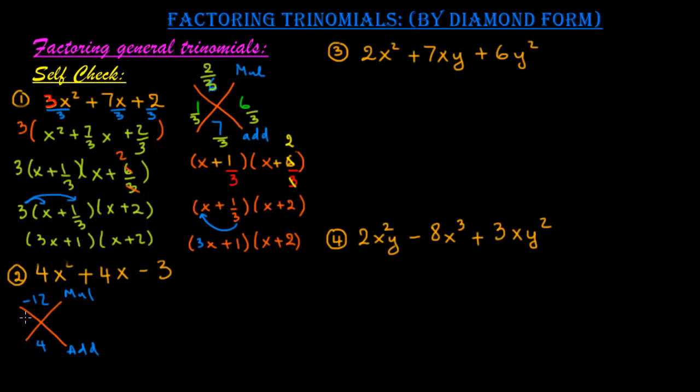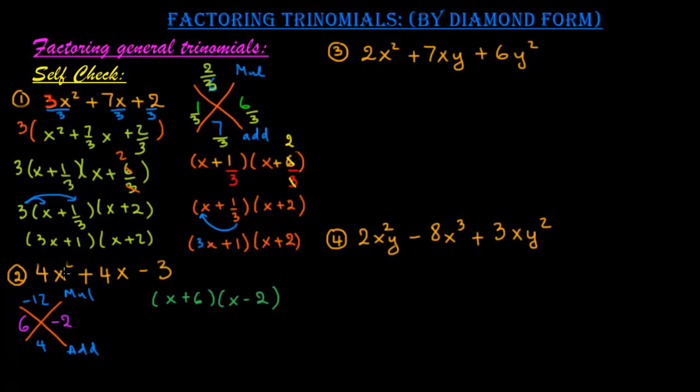The pair which works here should be 6 and -2. 6 added to -2 gives me 4, and 6 times -2 gives me -12. I'm going to apply the trick I showed you, which gives me x plus 6 times x minus 2.